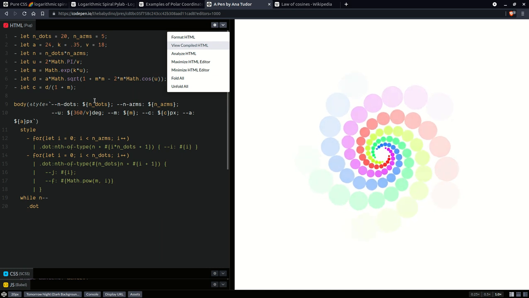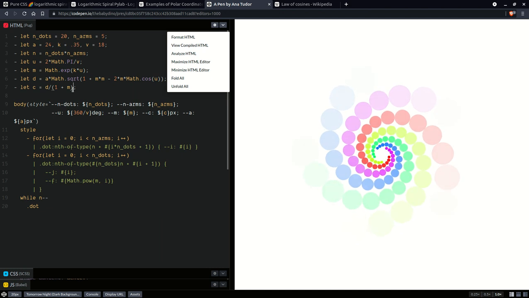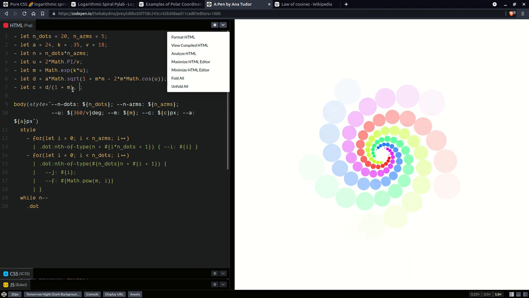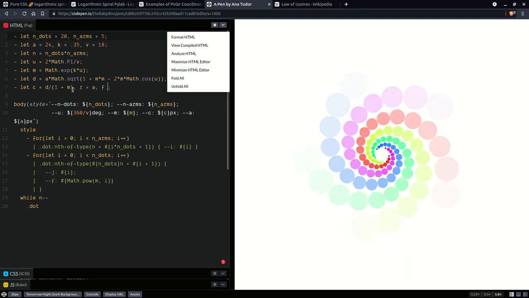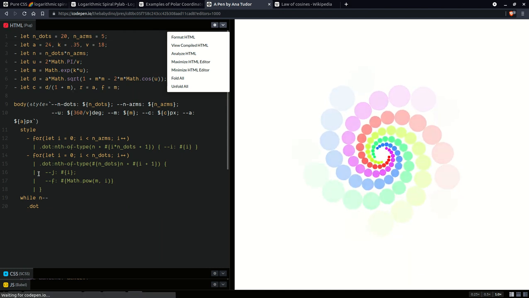So we are going to set a radius and a scaling factor. So we are going to have the initial radius is going to be a, and the scaling factor is going to be m, right? And here, this is going to stay the same.